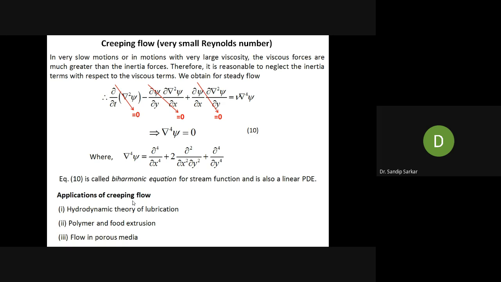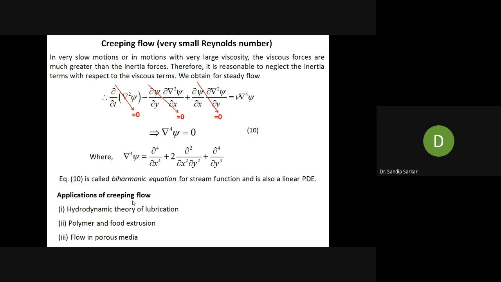So there are various applications of creeping flow. Drug delivery. Suppose you want to deliver drug to a human body, how can we deliver? Basically there are certain lab on a chip mechanisms. In a particular microfluidic chip, you can generate certain types of micro channels to perform lab diagnostics, which is basically done in a pathological laboratory.